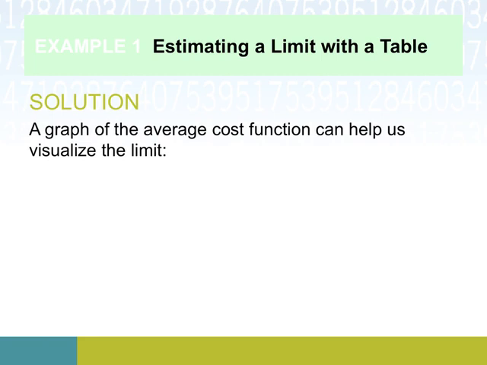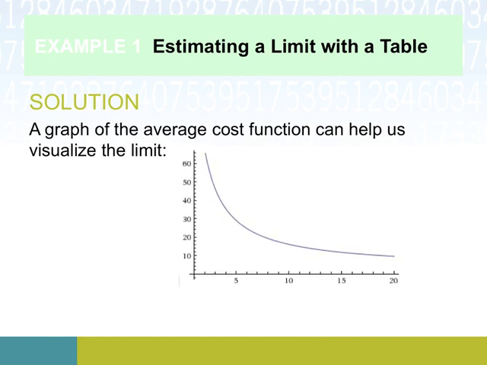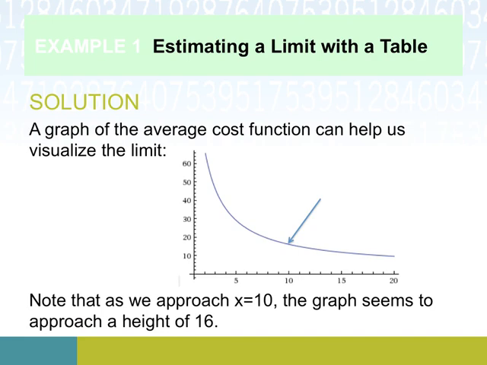And one additional view of this might be nice. If we could take a graph of this function, just to get the visual perspective on it. So here's our average cost function. And then x equals 10 is right where this arrow is pointing, and I'm going to point another arrow there. So the thing is, if we plug in values close to 10, the height of this graph is supposed to give us a notion of its output.